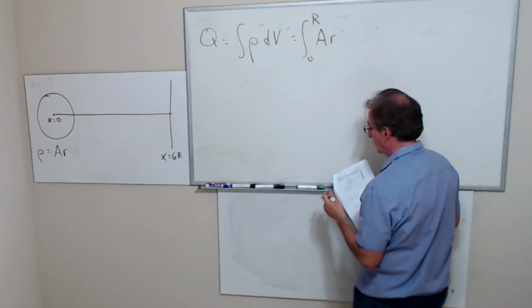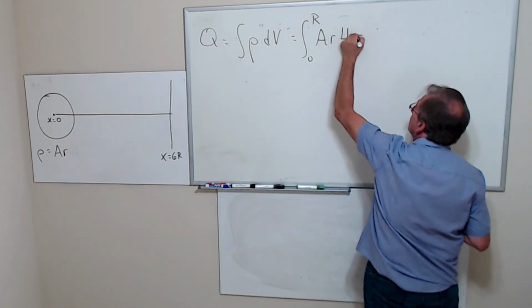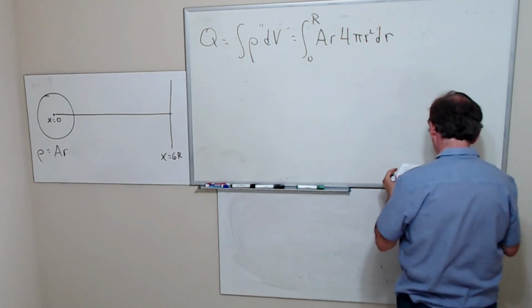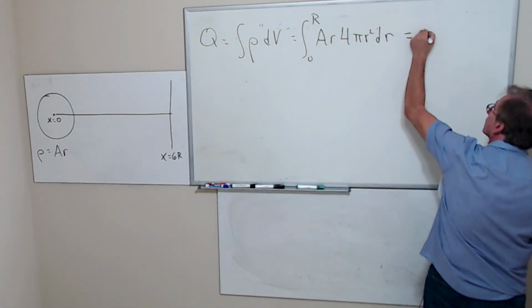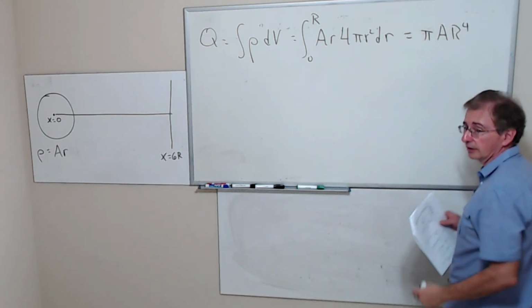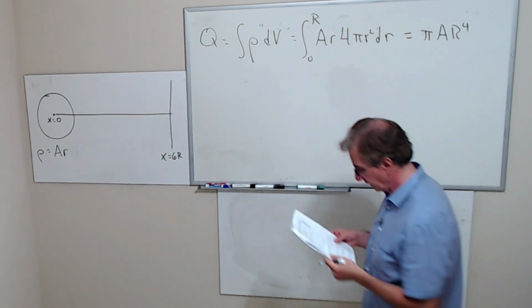My density, and then my surface area. And then when you integrate this, that's all I wanted. This is a very conceptual question.